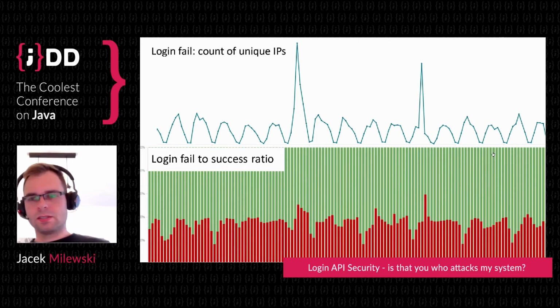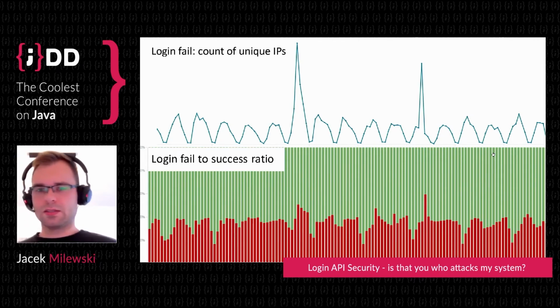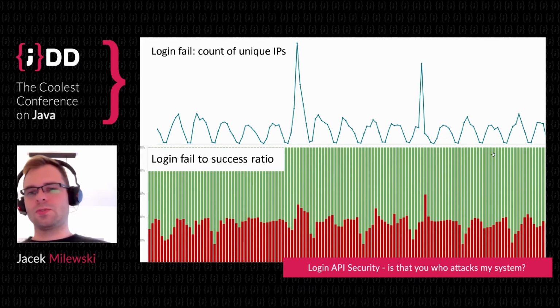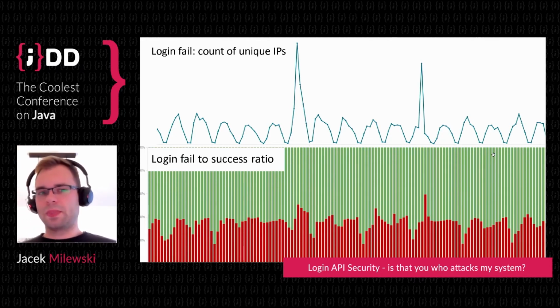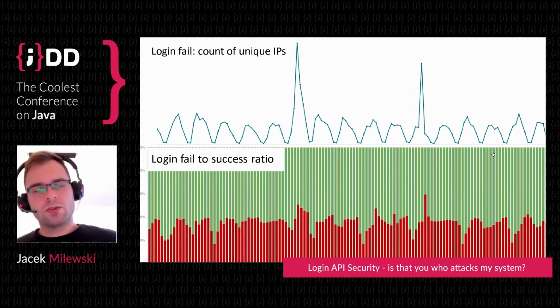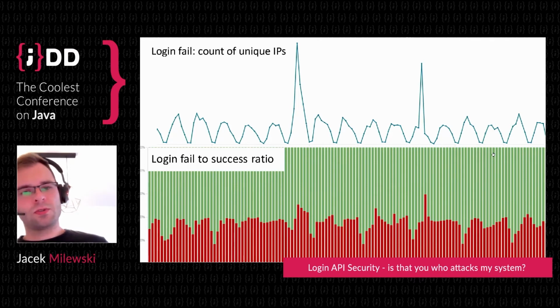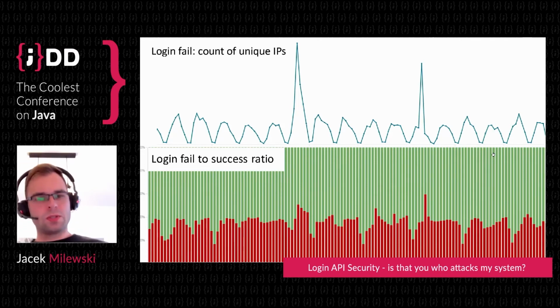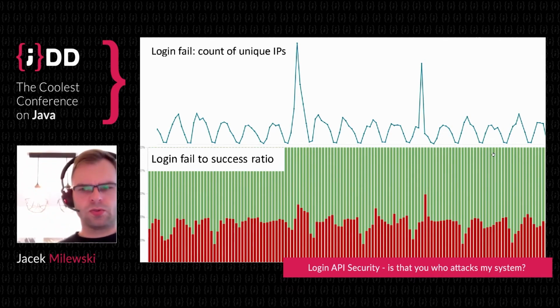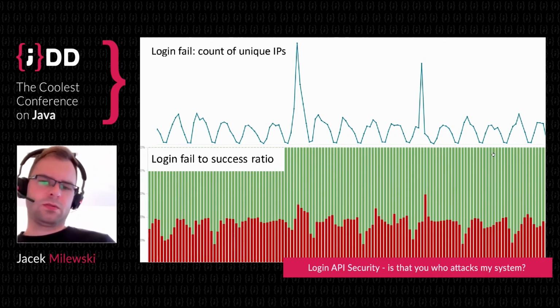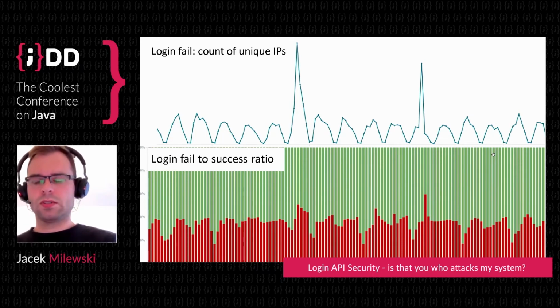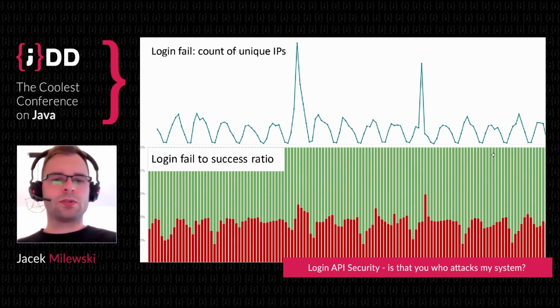So he tries several million accounts, and let's say that just 5% of those accounts exist in your system. So you have a lot of login errors because of email not found, login not found, user not found. Of course, on the login API, you do not expose why login failed. But in your logic inside your app, you know that it failed because the user was not found. And this is what you should log and alert on to note those unusual traffic and attacks.